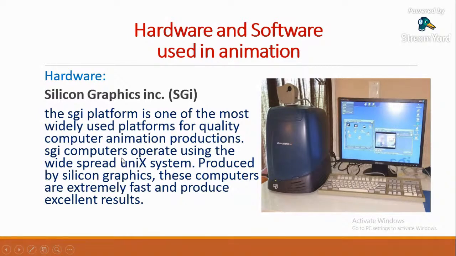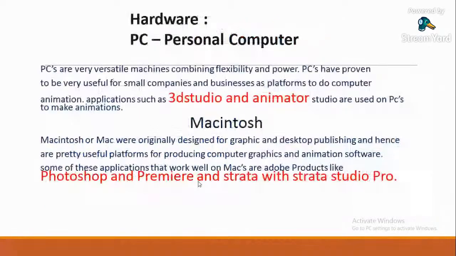You must remember on which platform it is used. Silicon Graphics is used within the Unix platform. Unix is a type of operating system. Here it is used for different types of animation, and the main advantage was that it was fast and produced excellent results. That means it was quite fast and efficient, a modern version of animation.